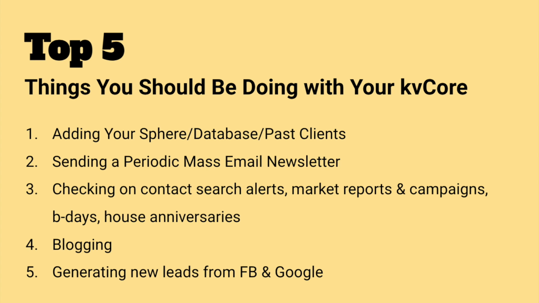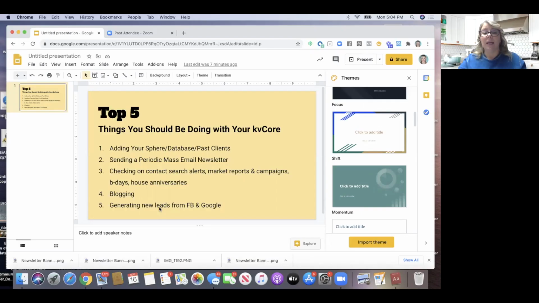You should be sending a periodic mass email of some sort, maybe a newsletter. You should be going through your kvCore and checking on your contacts, making sure your contacts have search alerts set up, etc. You should be blogging, and you should be generating new leads. So those are the 5 things you should be doing in your kvCore.